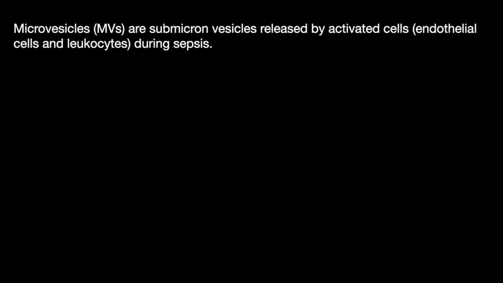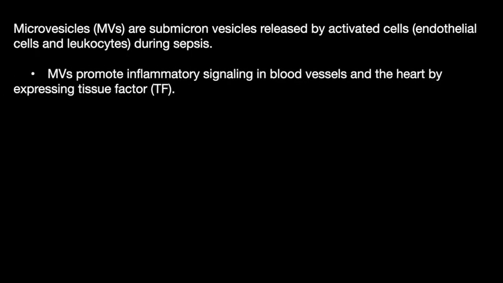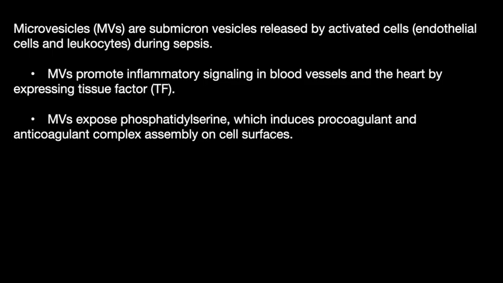Now, microvesicles, that is MVs, are submicron vesicles released by the activated cells, that is endothelium and leukocytes, during sepsis. The MVs promote inflammatory signaling in the blood vessels and the heart by expressing tissue factor. MVs expose phosphatidylserine, which induces procoagulant and anticoagulant complex systems on the cell surface.